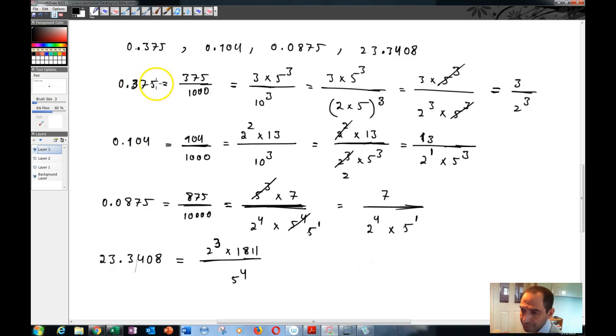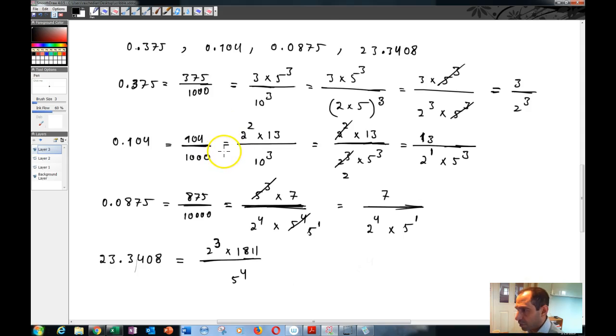And what that means is that these are the decimal representations of some rational numbers, and these decimal representations are actually terminating because they have terminated. For example, this number has terminated at 5. This number has terminated here, and so on.